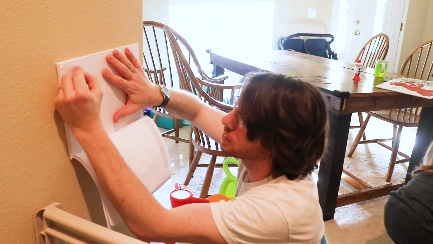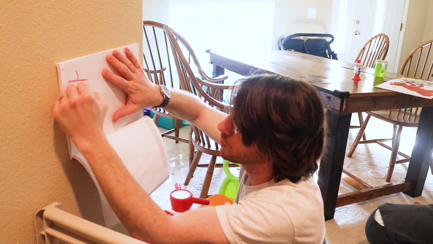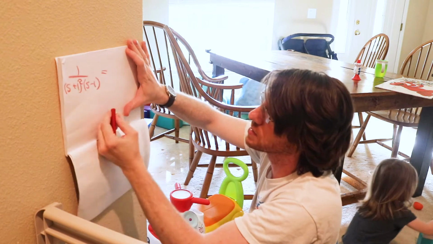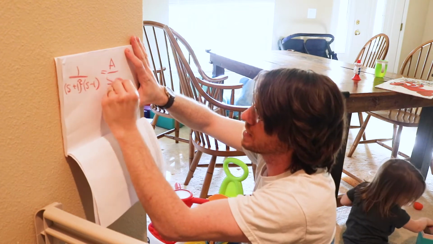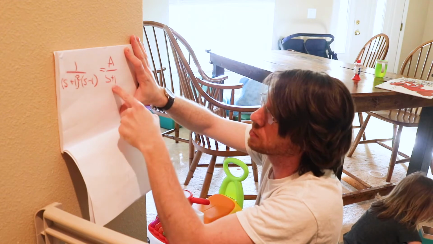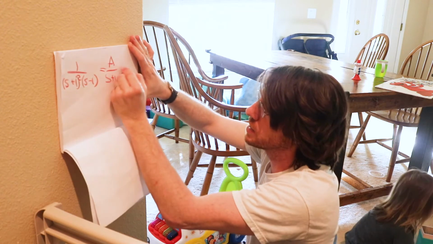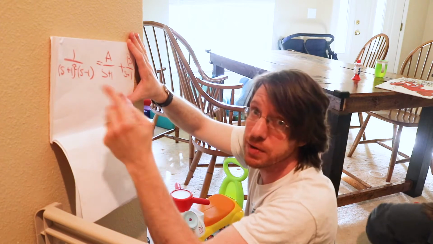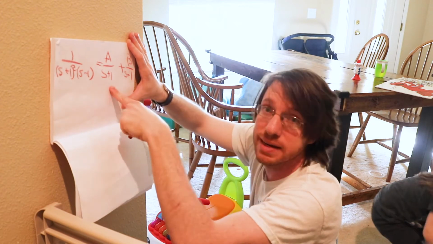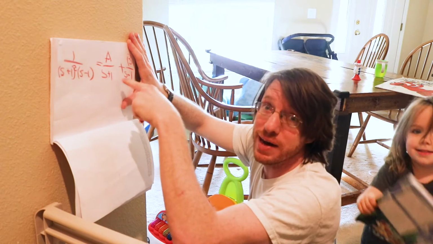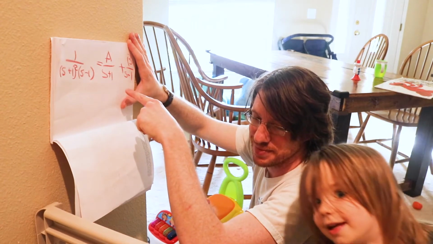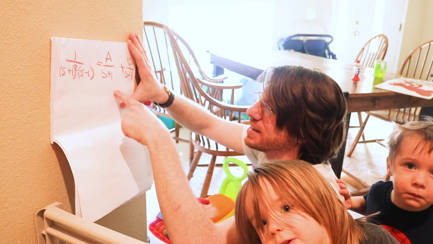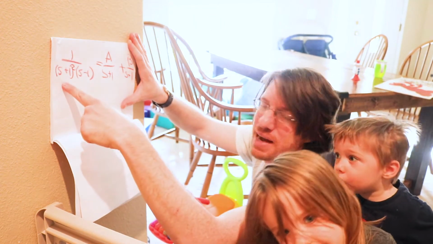So, we could have 1 over, say, s plus 1 squared times s minus 1. And then this will give us a over s plus 1. So you have one term for the s plus 1 squared. And then you could also have plus b over s minus 1. But then if you think about adding these two together and finding a common denominator, the common denominator wouldn't have s plus 1 squared.